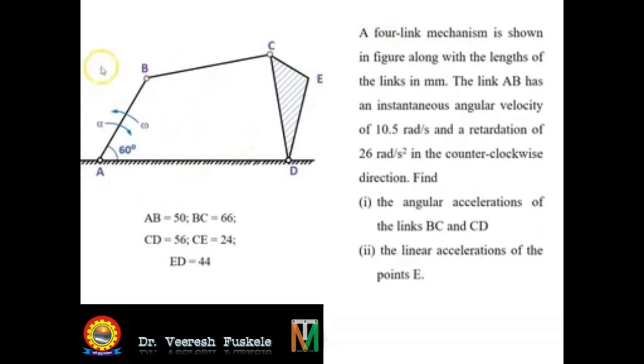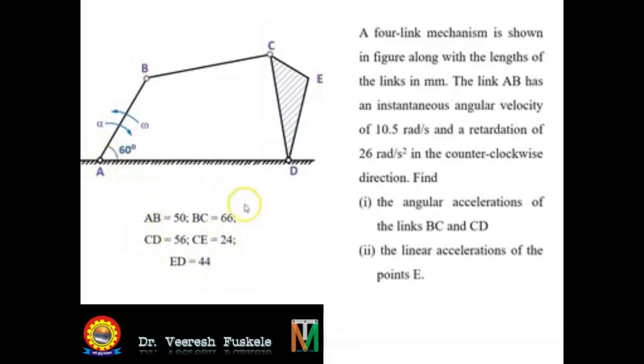So this is the configuration diagram which we have already drawn. You can see the lengths of the links are given: AB is 50, BC is 66, CD is 56, CE is 24 and ED is 44 mm. First of all we have to draw this configuration diagram.